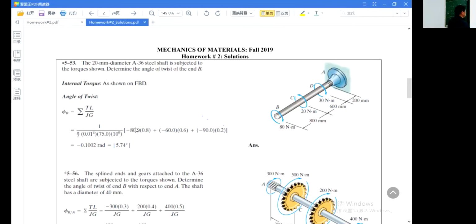You needn't change it into degrees. What's this? Your answer is here, but the answer is this. Your calculation is wrong, in radians. Wrong.